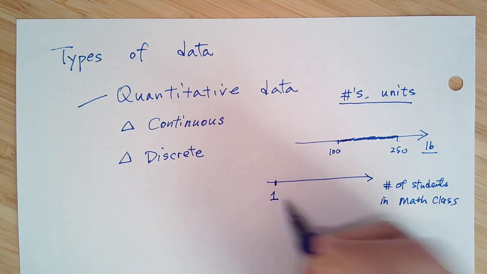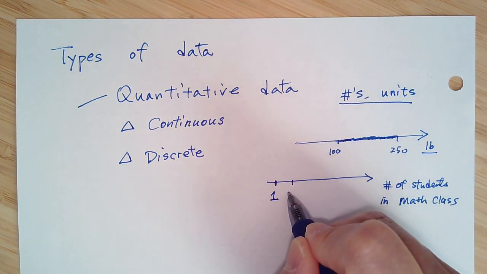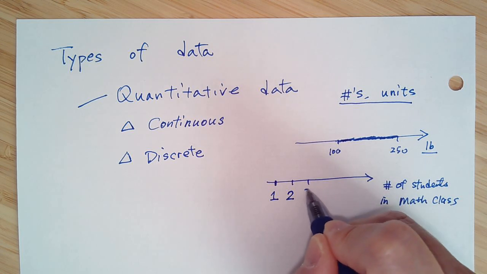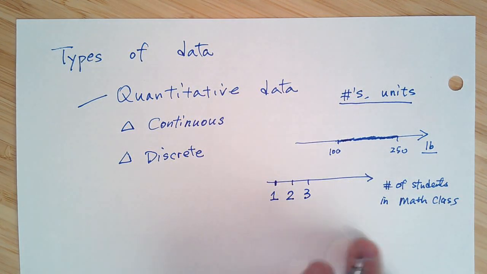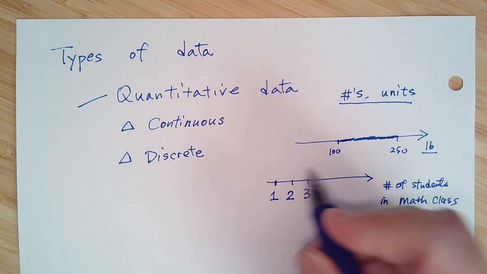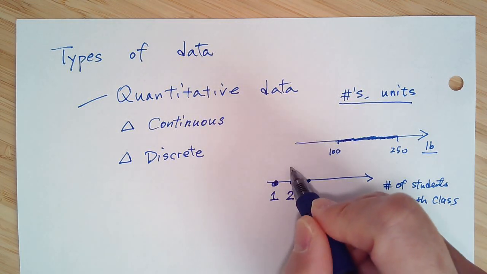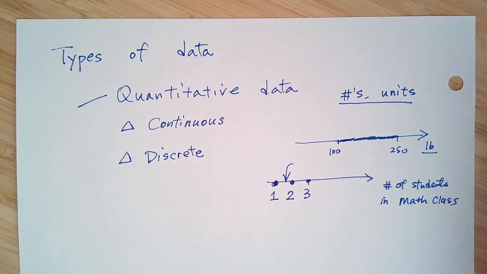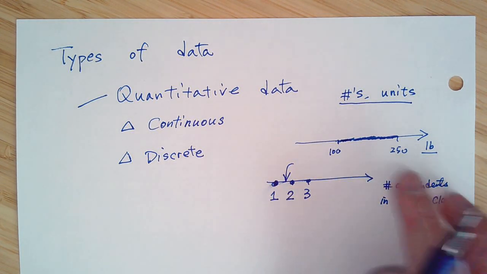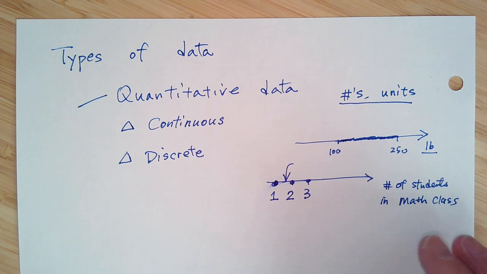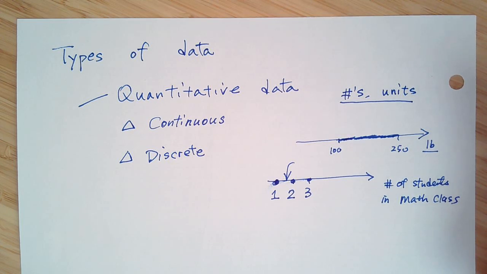I don't know. It might be. And some classes have two, and some have three. So if you list all the possible values here, then you get those isolated points on the number line. See, there's no way you can have 1.5 students in a class. So this type of data, number of students, usually a count, they are discrete data. But both of them are quantitative.